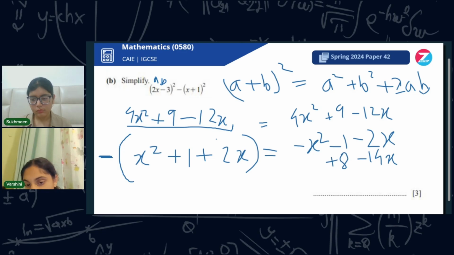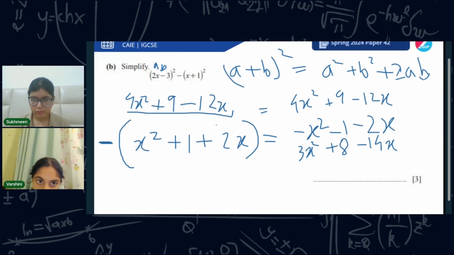And lastly, we have 4x squared minus x squared, which is going to give us 4 minus 1 into x squared, which is 3x squared. And this is our final equation. So again, we can just rewrite this inside the dotted line.